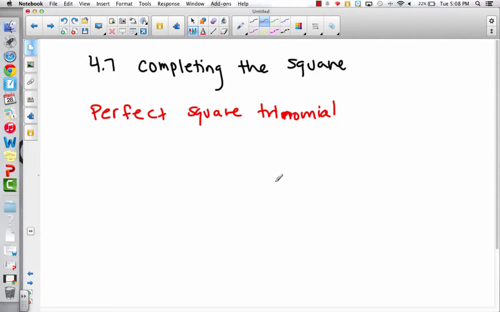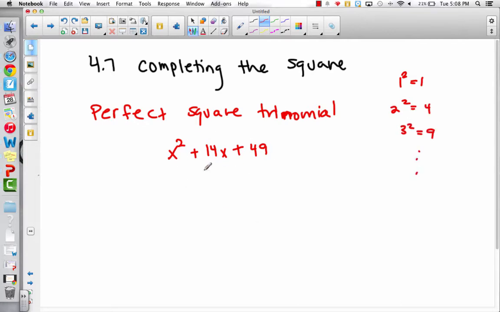So some basic examples of perfect square trinomials will be something like x squared plus 14x plus 49. And the reason it is a perfect square trinomial means three different terms, okay? And a perfect square is, remember, something that we can get from squaring our numbers, like 1 squared is 1, 2 squared is 4, 3 squared is 9, and so on.